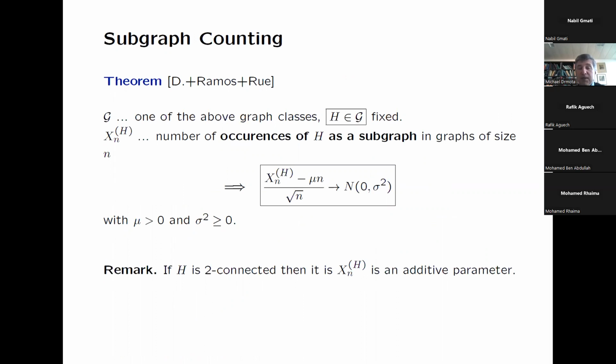If you look from a distance, this is a universal property. So we have a scaling limit. It's a continuum random tree, and we have very precise results on these counts: the number of edges, number of blocks, number of cut points, but also if we count the occurrences of a given subgraph.